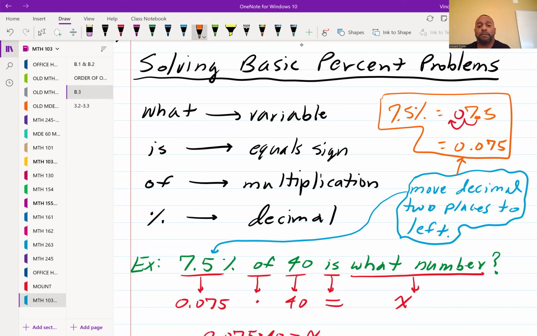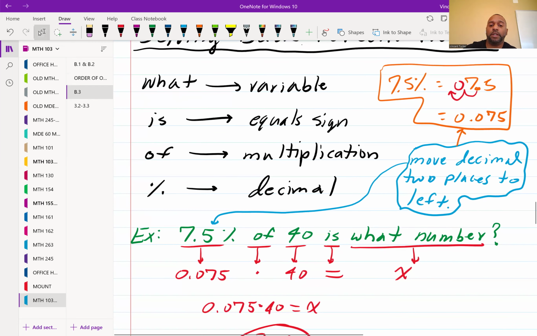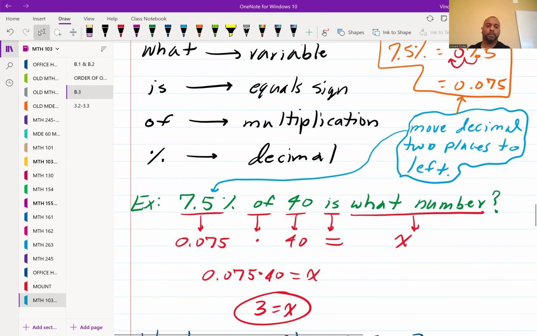So it gives us 0.075. Like I said, of is multiplication. 40 is just 40. Is equal, and what is our x? So it just means 0.075 times 40 is 3. So 3 is 7.5% of 40.